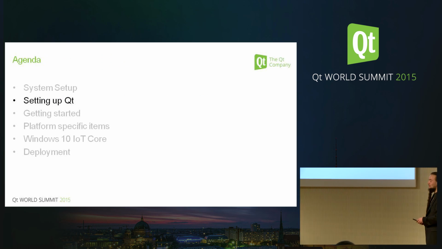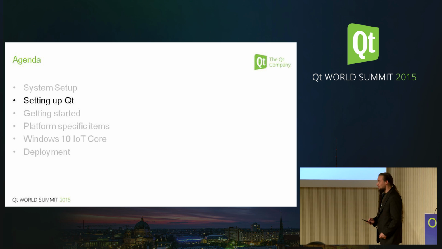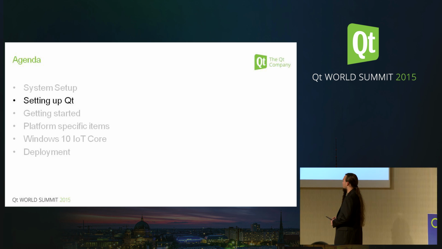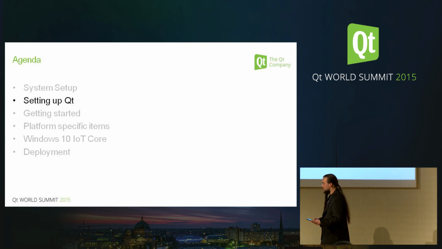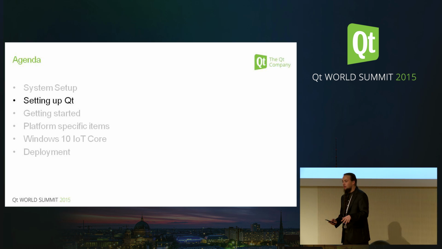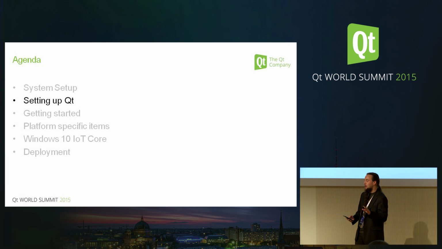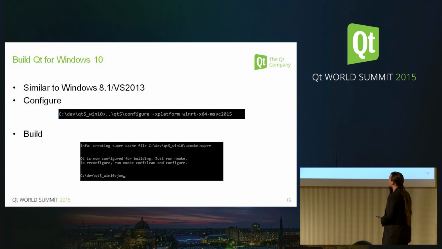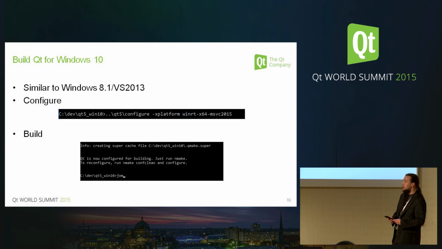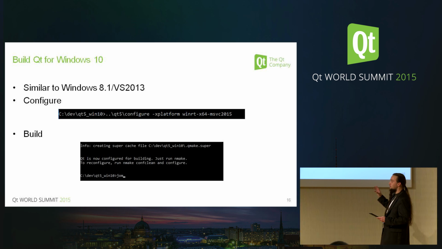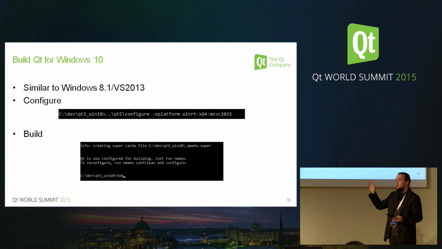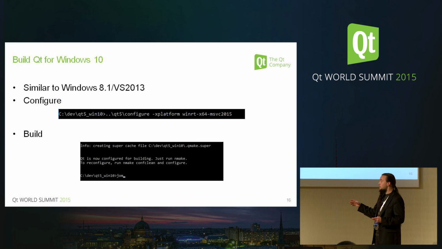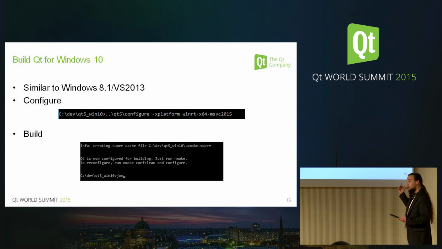Okay, once you have done all that, setting up Qt. The easiest approach is to clone right now from Gerrit or from code.qt.io. Check out the 5.6 branch. And pretty similar to what it was for Windows 8.1, you call configure with -xplatform WinRT, then the CPU architecture, x86, x64, or ARM, and then MSVC 2015.